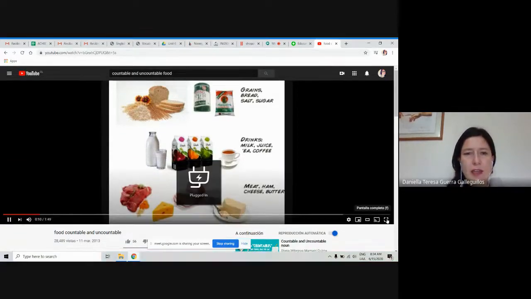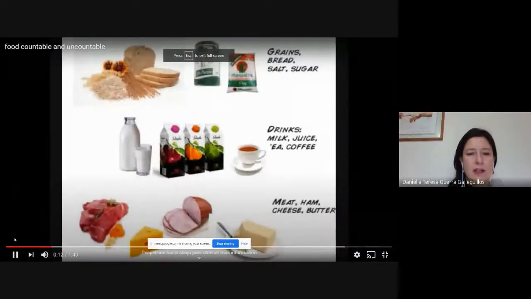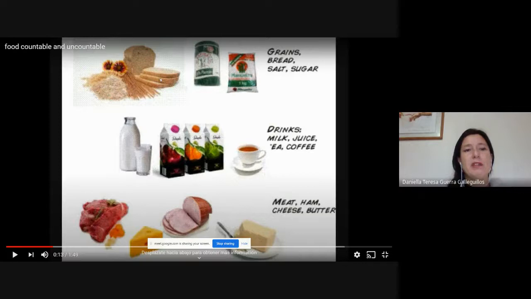And as you can see there, it says that there are some food like grains, bread, salt, and sugar that are uncountable. That means that you cannot count them because they are too small. Like, for example, the grains, the salt, and the sugar are things that they are very small.